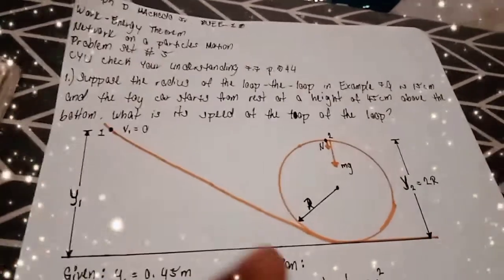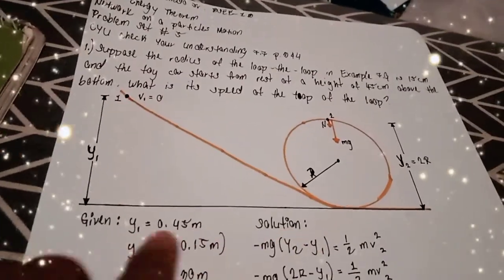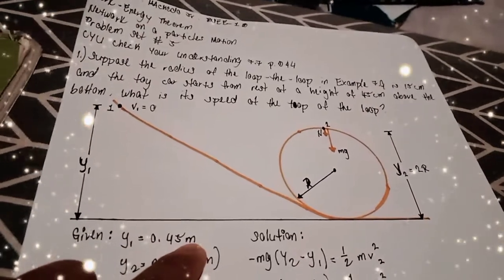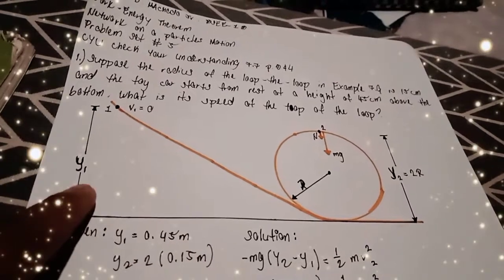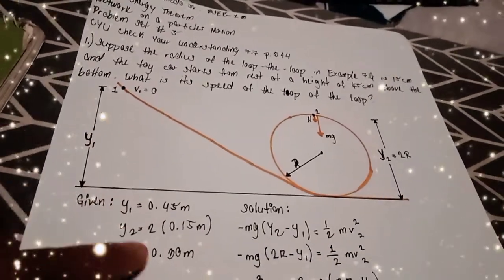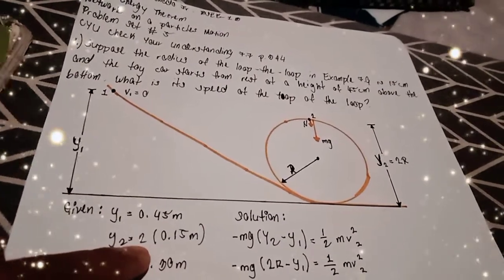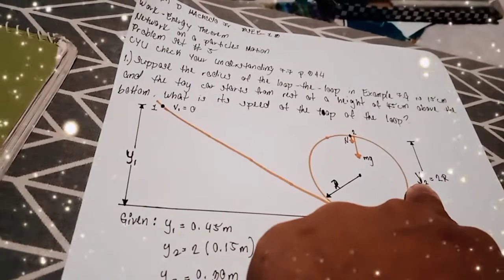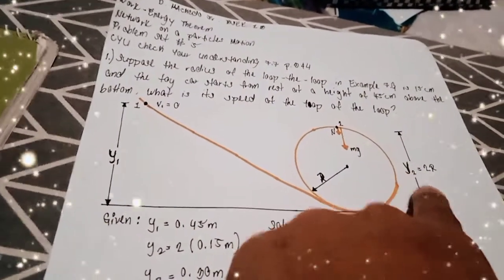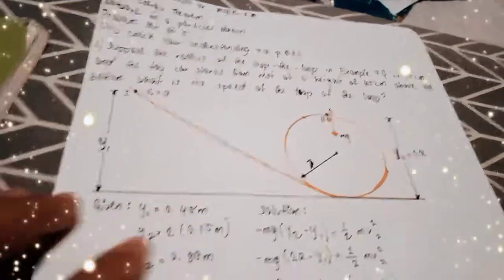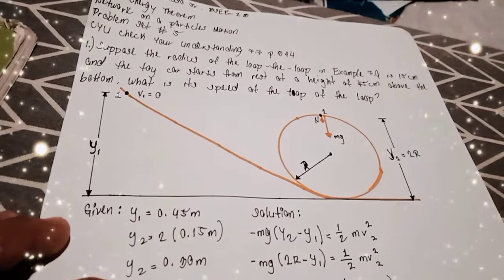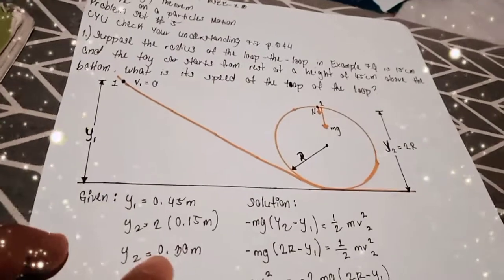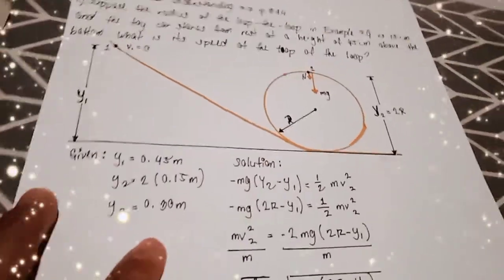So this is our Venn diagram, our given y sub 1 is equal to 0.45 meter. Then y sub 2, which is 2r, is 0.30 meter.